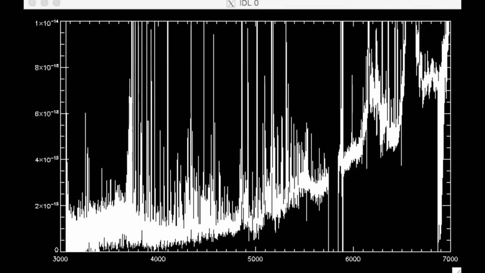The sequence I just showed you, this sequence of V1309 Sco, was taken with the VLT. To get this sequence with the VLT, you have to compete for time. And the success rate for something like this is like 1 in 6.